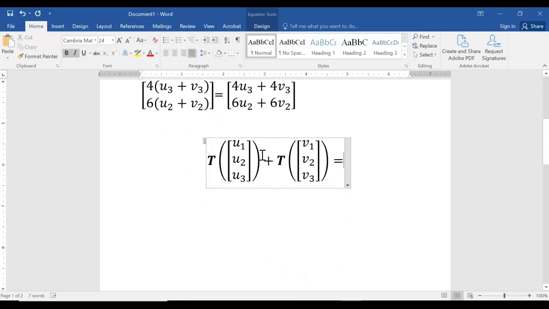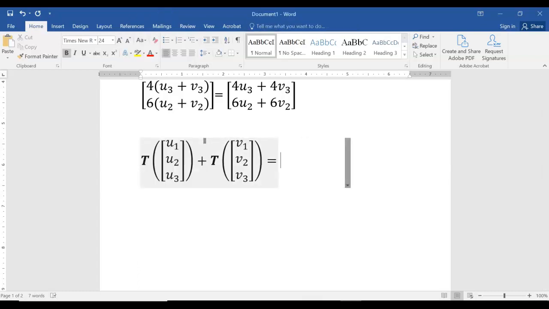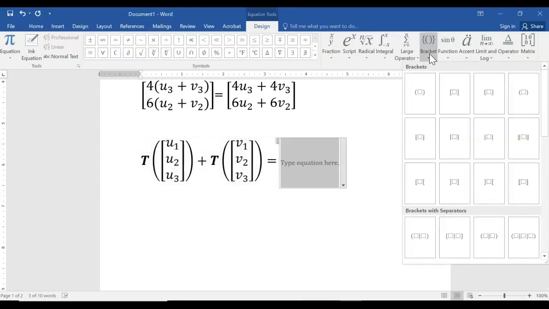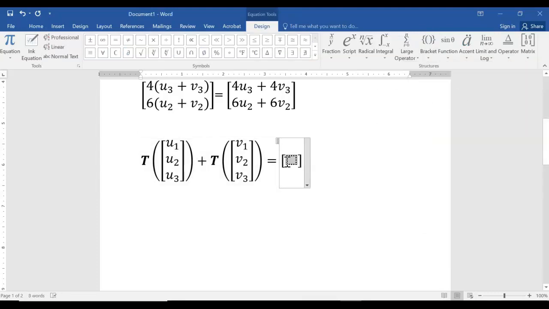So our output, if I apply the T first, is going to be 4 times the third entry of u, 6 times the second entry of u.